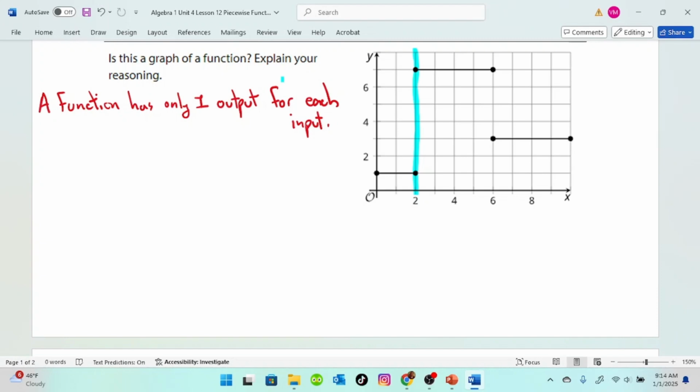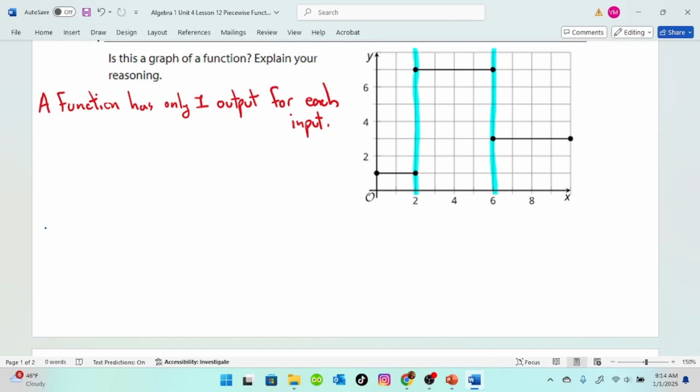If I keep going with my vertical line, I see it happen again right here. When the input is 6, the output is 3, and it's also 7.